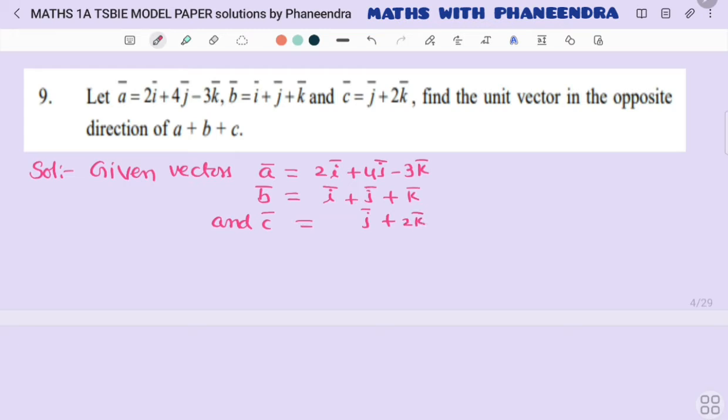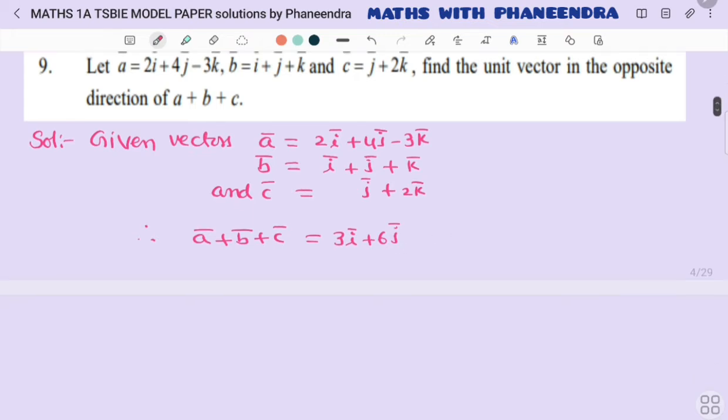So i bar is not there here. Therefore, the sum of these vectors a bar plus b bar plus c bar is equal to 2i plus i, so 3i, 4j plus j plus j, so 6j, 2k plus k, 3k minus 3k, 0. So leave it like this. So a bar plus b bar plus c bar value is 3i plus 6j. There is no k bar here.